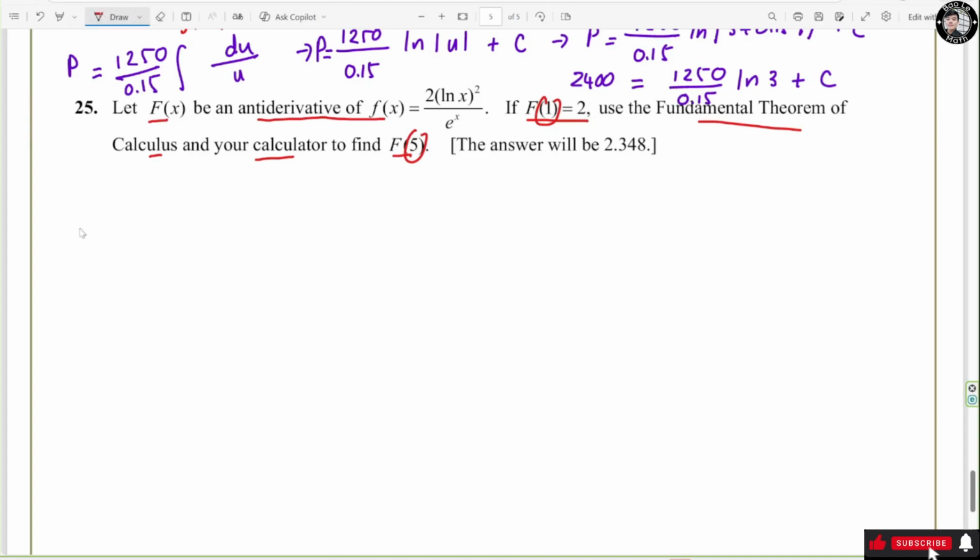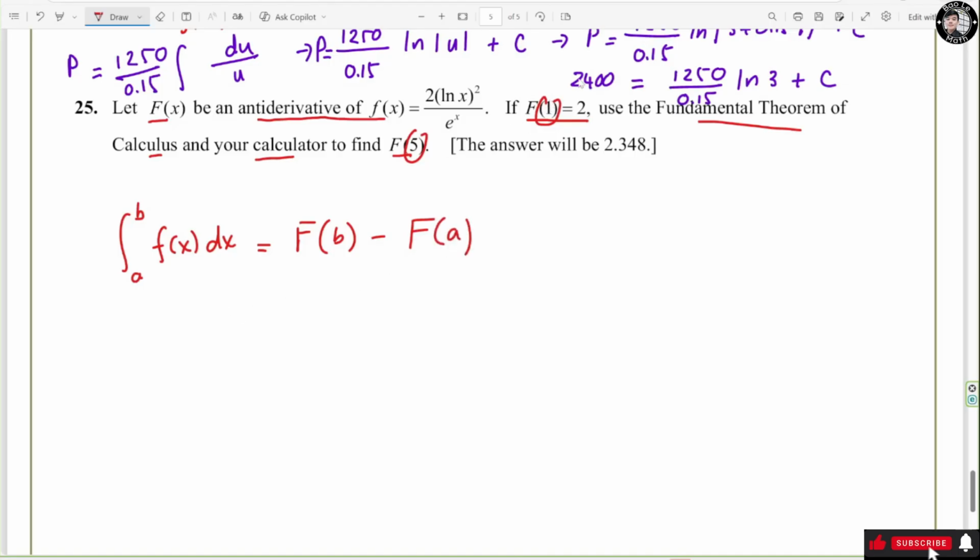Remember the fundamental theorem of calculus is given by the integral from a to b of f of s ds equals capital F of b minus capital F of a, right?